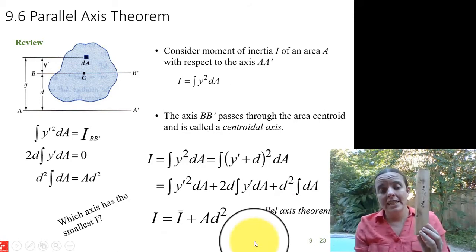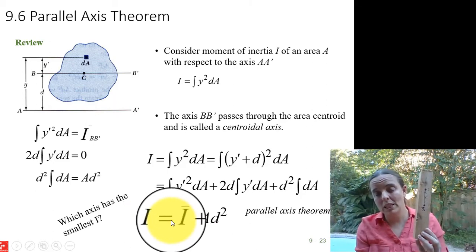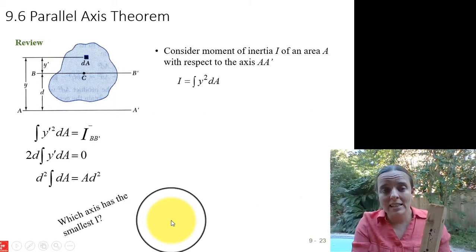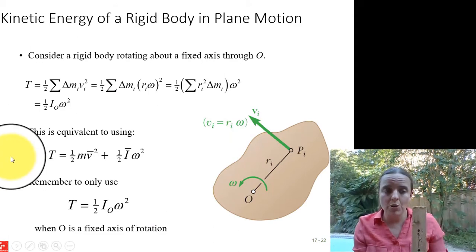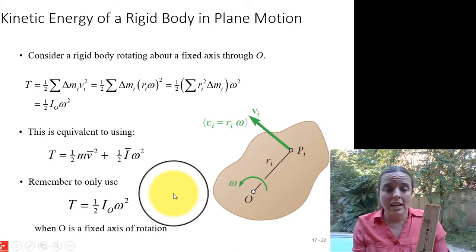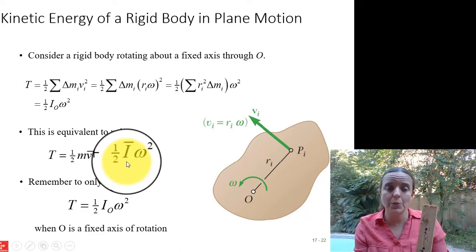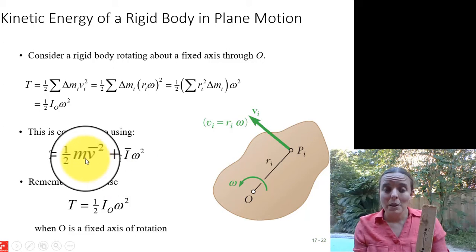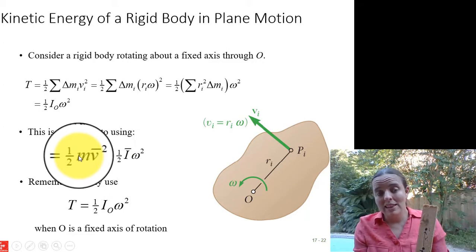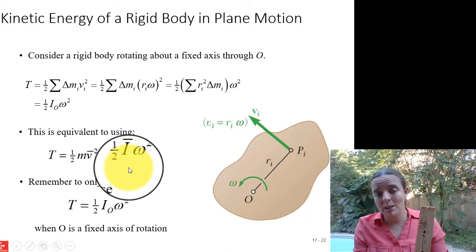So this combination of the relationships between the inertias, that is, on the previous slide, translated to these two different kinetic energies. If you have I = I_cm + mr², you can see how these things are related from the parallel axis theorem.